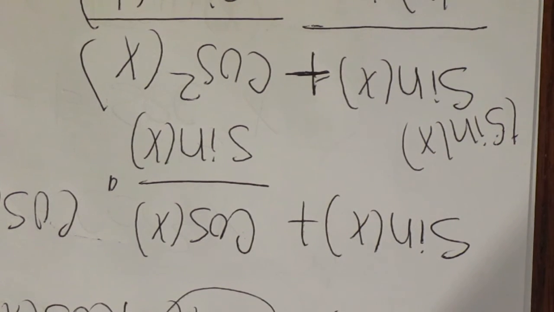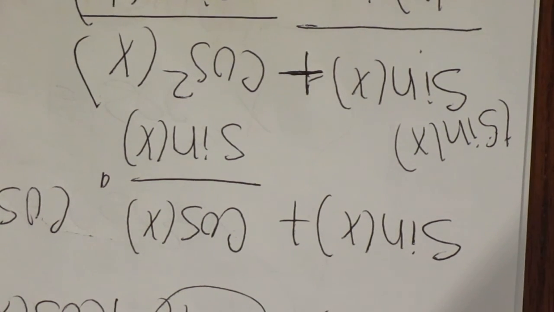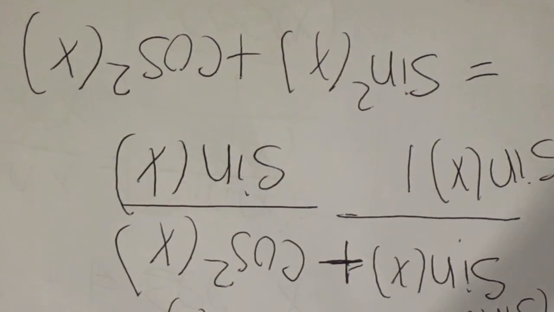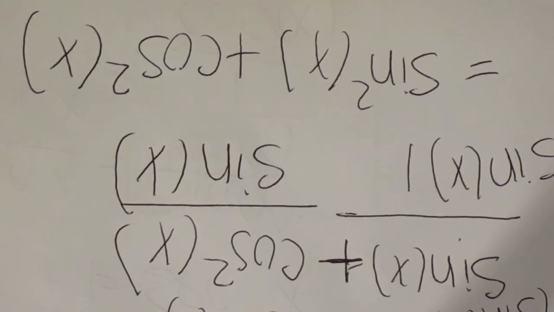That gives you sine square x, because they multiply, plus cosine square x over sine of x.